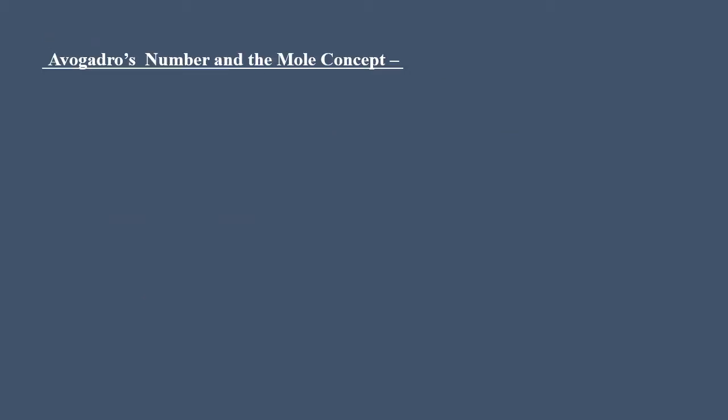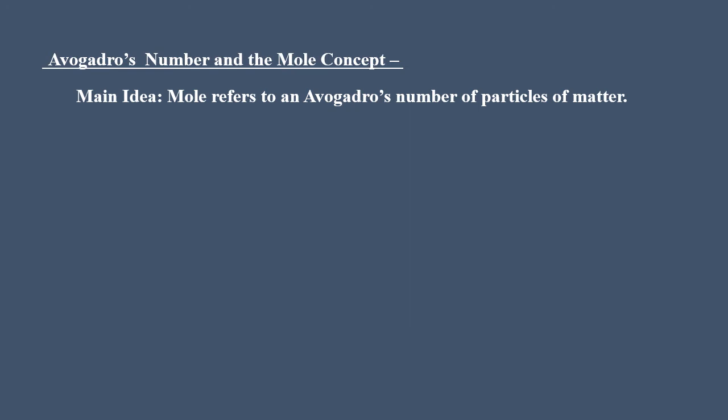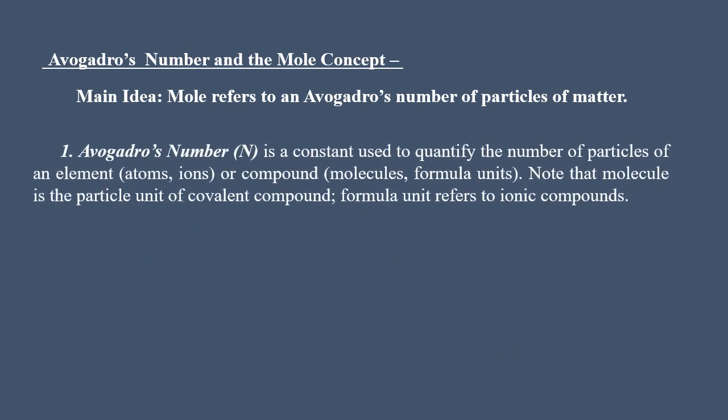Let's have Avogadro's number and the mole concept. The main idea here is that mole refers to an Avogadro's number of particles of matter. Avogadro's number is denoted by a capital N. It is a constant used to quantify the number of particles of an element.